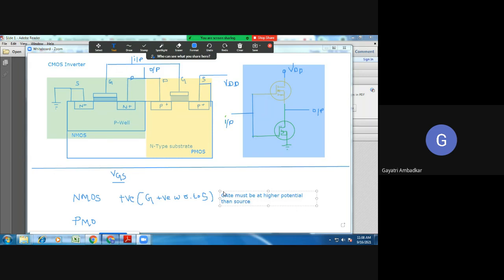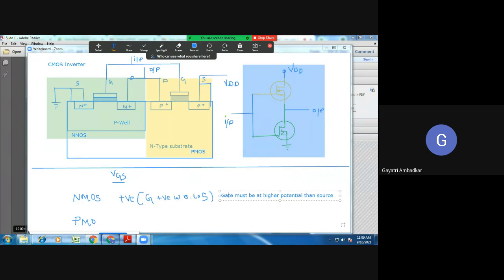Positive means higher potential with respect to source.